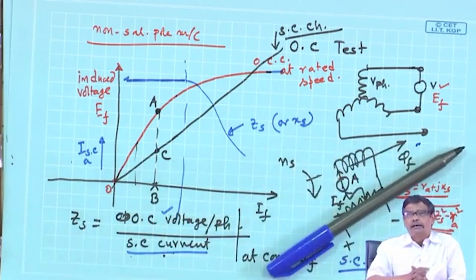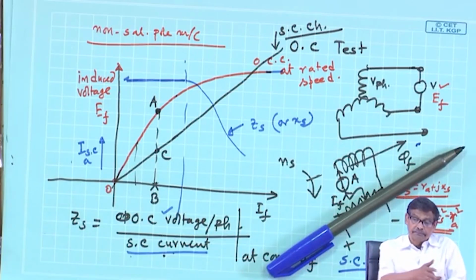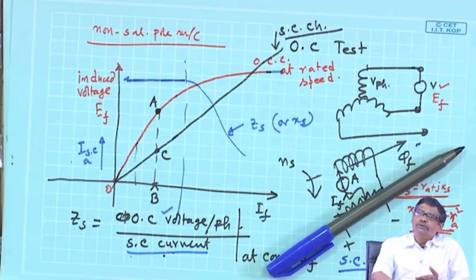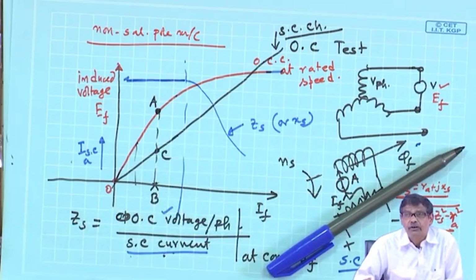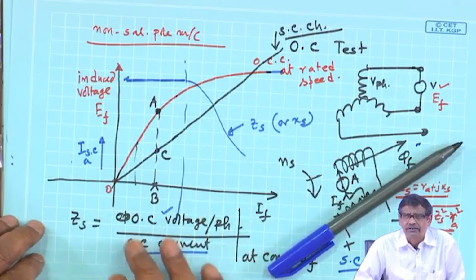So, so far whatever I have analyzed in these classes, I have assumed XS to remain constant. Of course, some people calculate some adjusted value of XS, things like that we did not concern here.